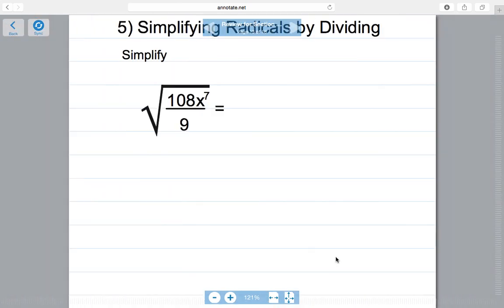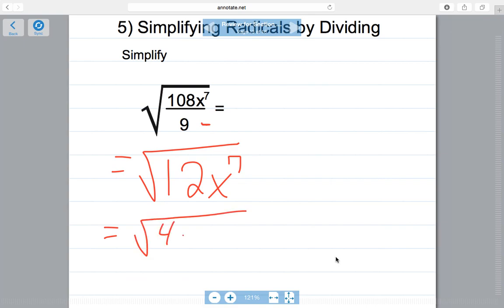Okay, the next step. Let's look at this one. So, for this one, I would again do similar to what we did the last one where we simplified. 9 goes into 108 12 times. So you would have 12x to the 7th left. And from here it just becomes one of our examples from the beginning.